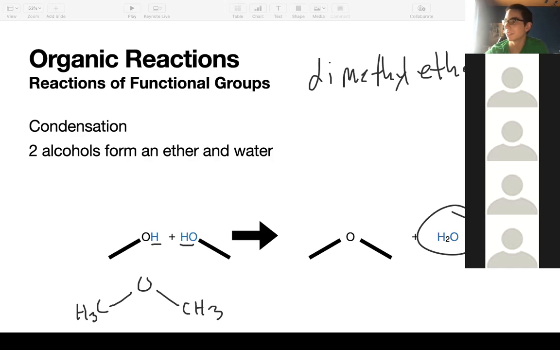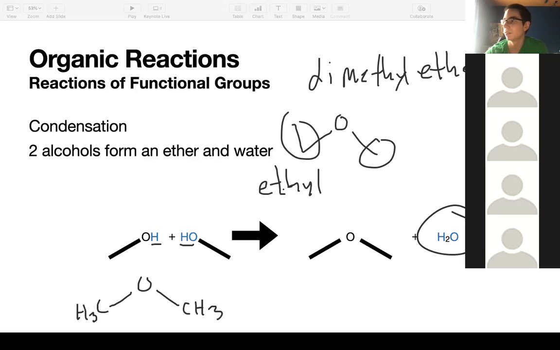And let's say we had something like this. This one has 2 carbons, this one has 1. 2 we know is ethyl, and then methyl ether. That's how we name them. Nothing too fancy, just say them and then follow it up with ether. But yeah, any questions on condensation?